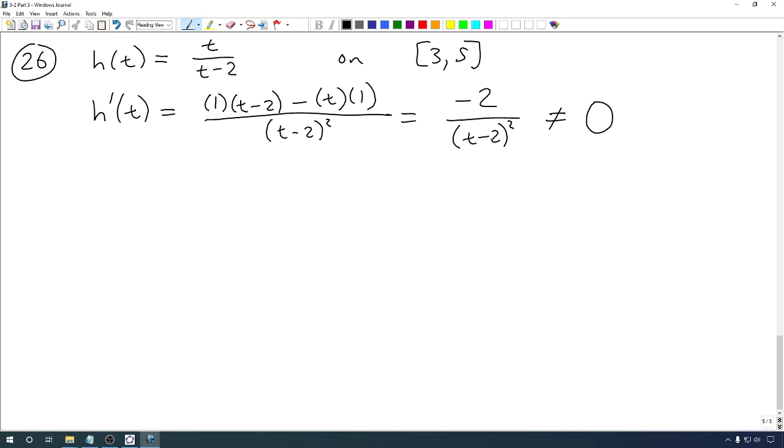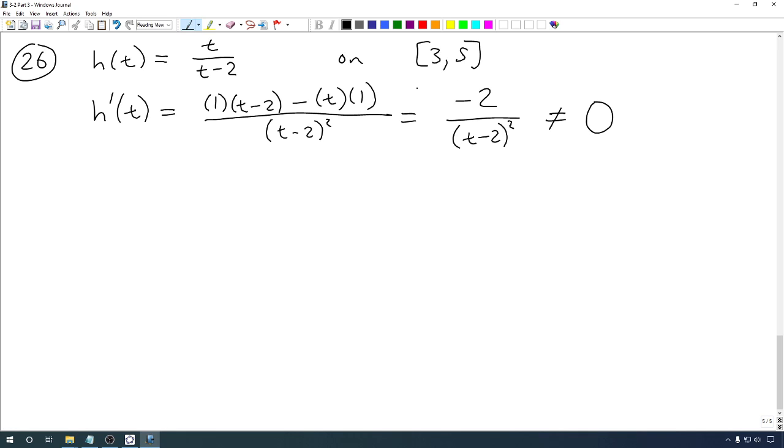What about when the derivative doesn't exist? Well, it's only not going to exist when the denominator is equal to 0, and that's only going to be true when t equals 2. But t equals 2 is not in our interval, and it's technically not even a critical point. It's a discontinuity. So really, t equals 2 is not relevant to what we're doing here.